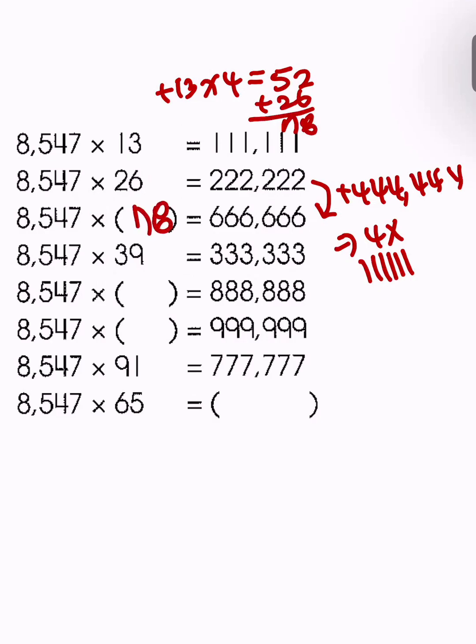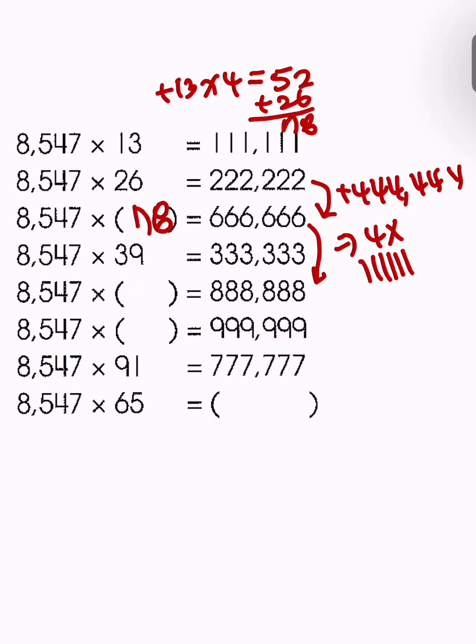And then to get from 666,666 to 888,888, we added 222,222. So we're going to add 13 times 2, which is 26. Oh, sorry. So we're not adding to 39.